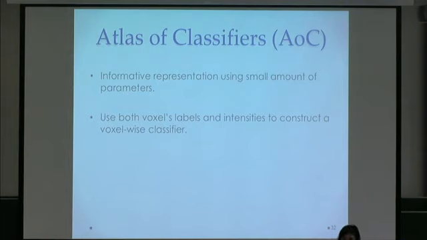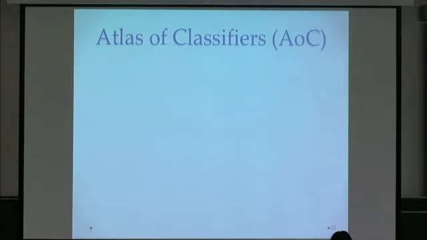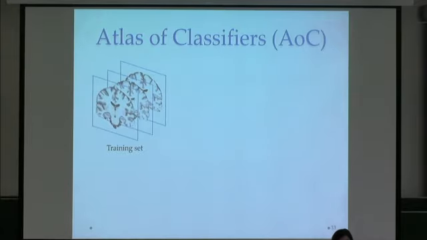So can we store more informative information from a large data set? This is the main principle. Let's have a look at a particular voxel along our training set, and let's construct a vector of the image intensities.